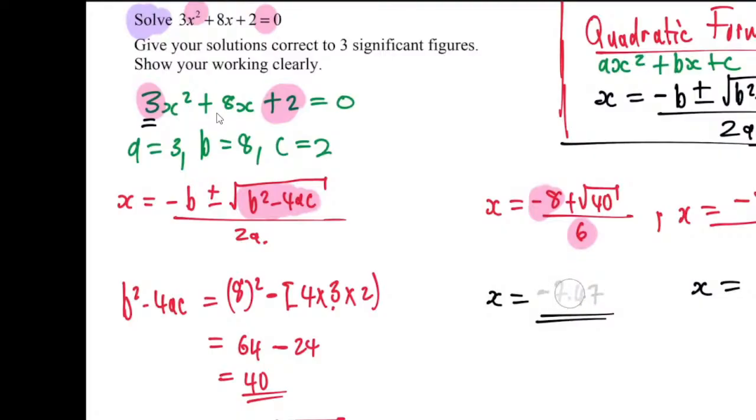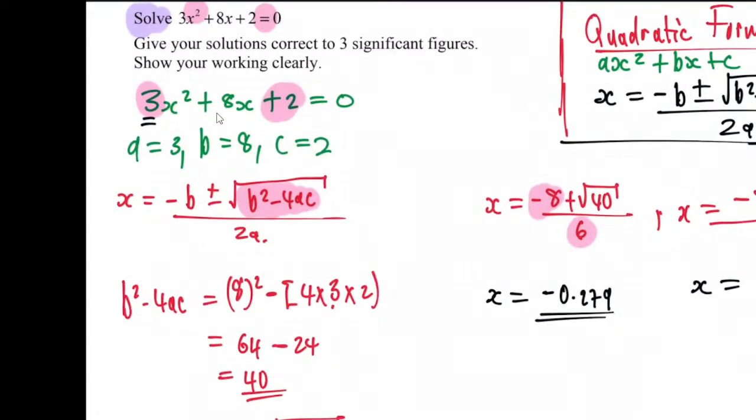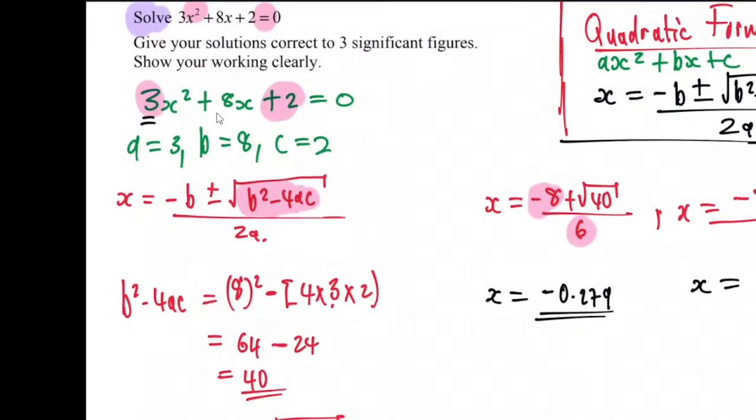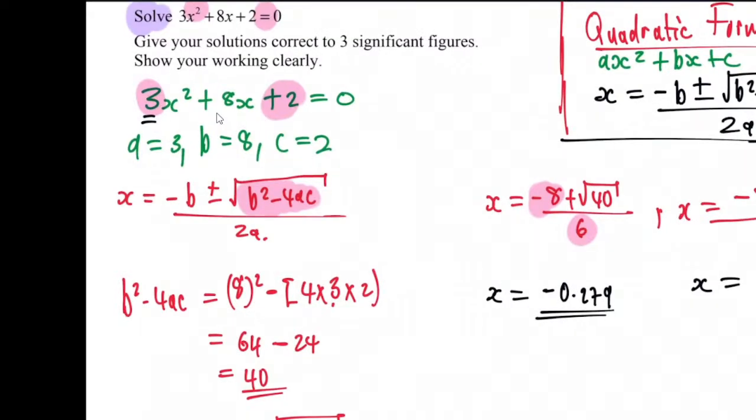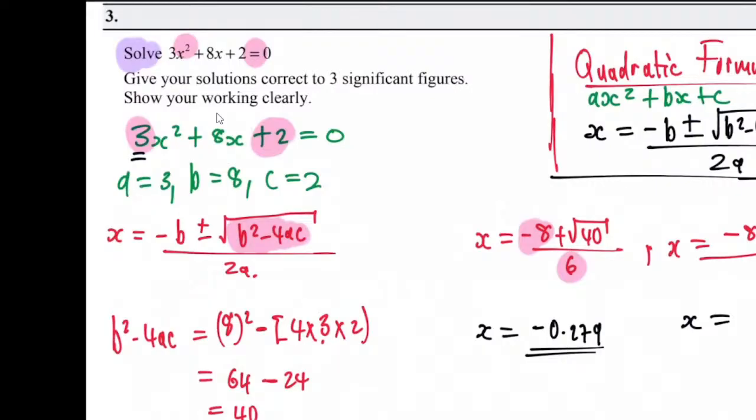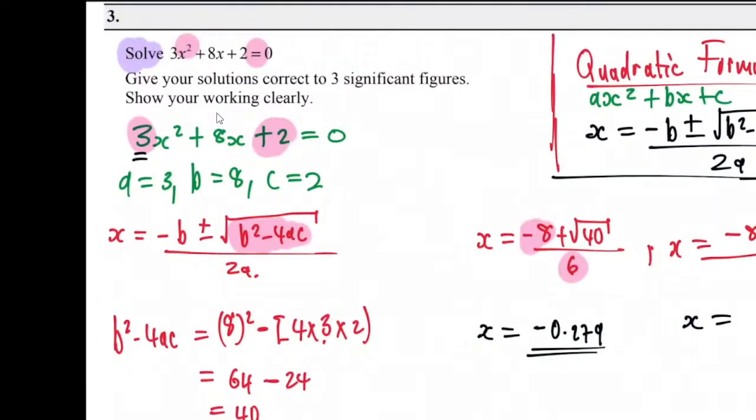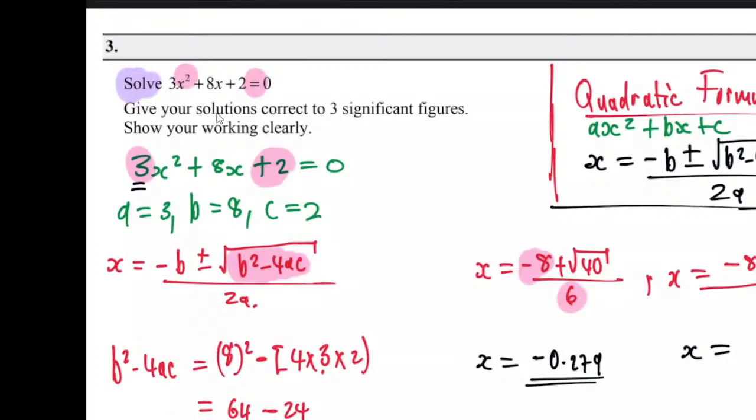Okay, for here, I actually got 0.279. Negative 0.279. Is there anyone else who got that? Yo, say it.